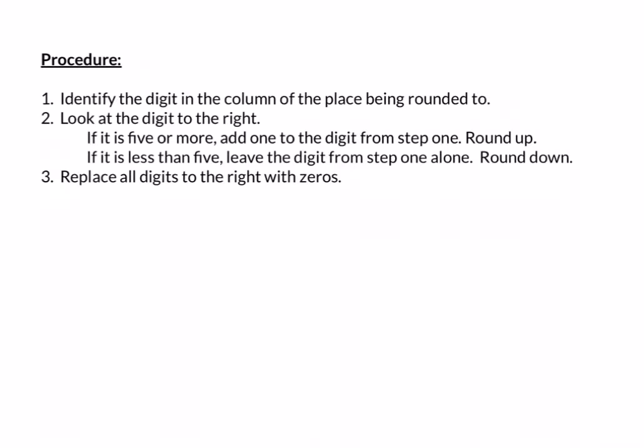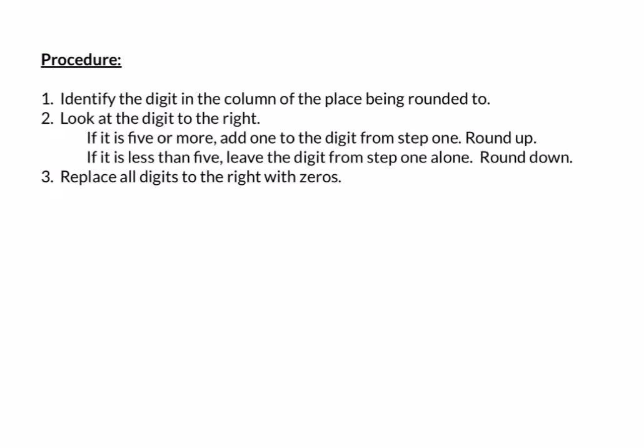Now, in order to determine how to round, we're going to look at the digit to the right. If it is 5 or more, add 1 to the digit from step 1. We call this rounding up. If it is less than 5, please note that we do not subtract. We leave the digit from step 1 alone.